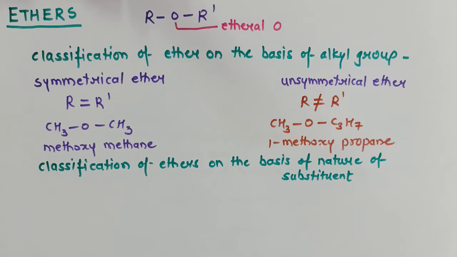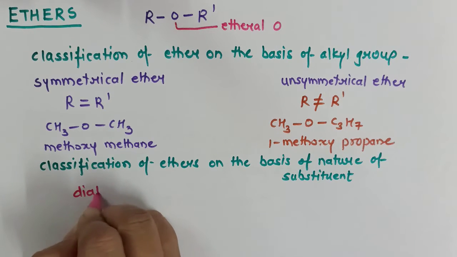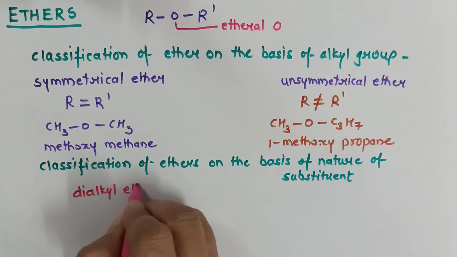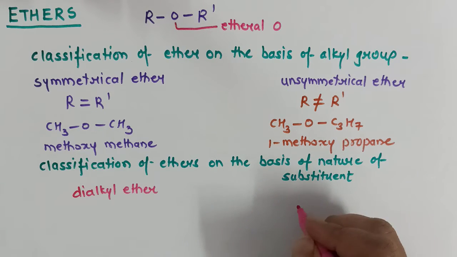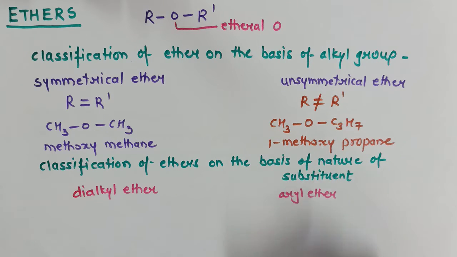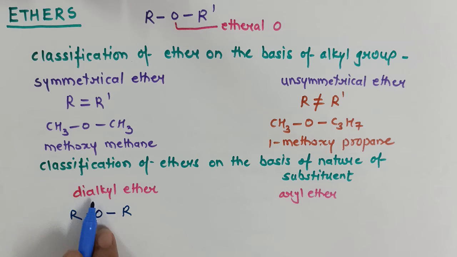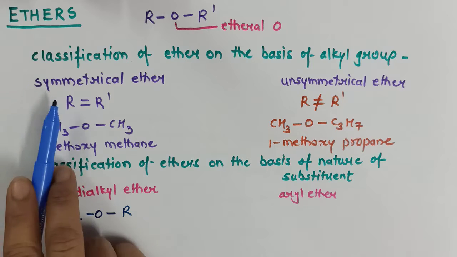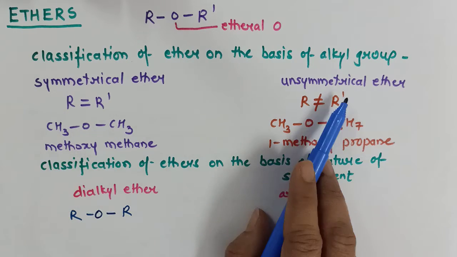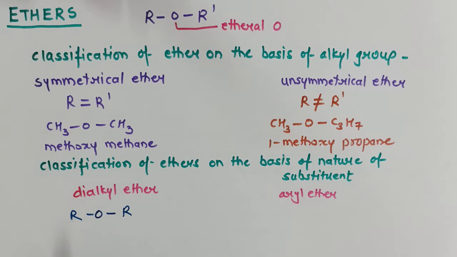In this category, we can classify ethers into dialkyl ether and aryl ether. That means when ethereal oxygen is attached to two alkyl groups, then it will be called as dialkyl ether. In one way, I will say dialkyl ethers are further classified into symmetrical and unsymmetrical ether.